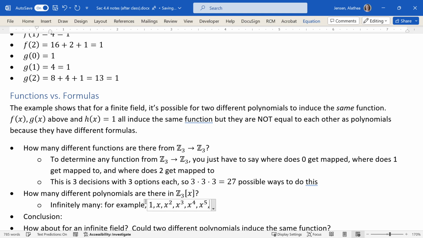Now, an interesting question might be, are there only countably infinitely many, or are there uncountably infinitely many? This is a bit of a hard question for you guys.